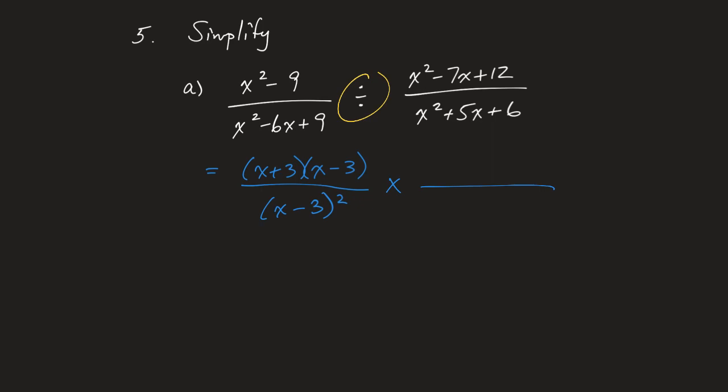So I'm going to take the denominator of the second fraction, x squared plus 5x plus 6, factor that, and go straight to writing it on top. I'm going to take the numerator, x squared minus 7x plus 12, factor that, and put it right on the bottom of that second fraction.